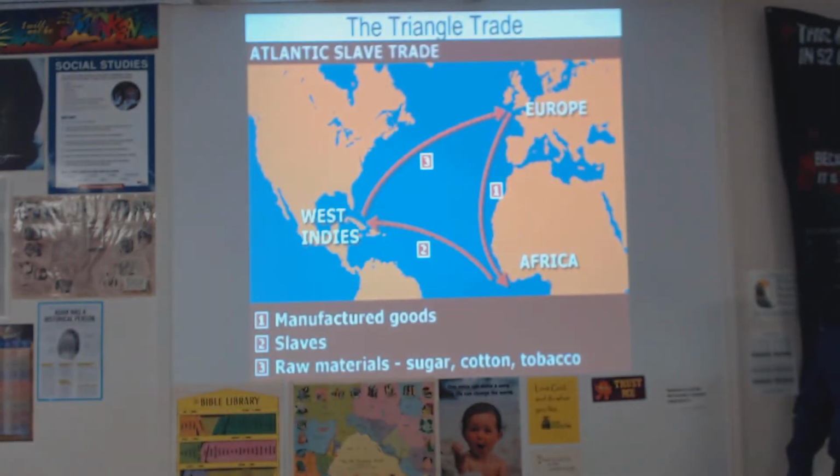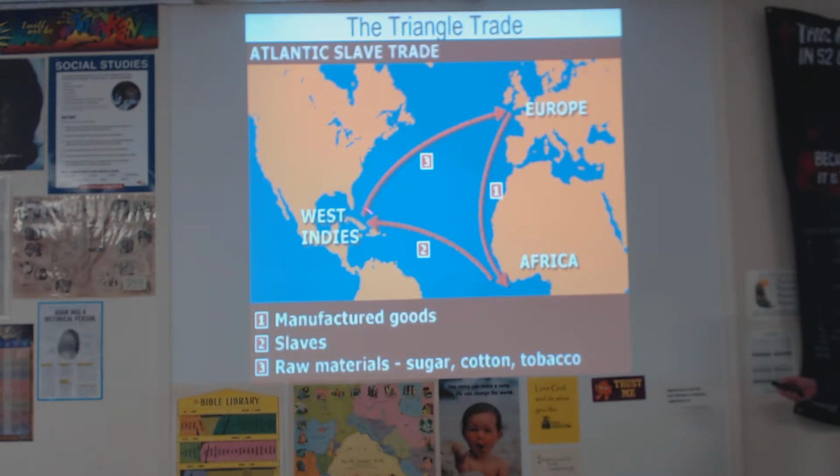Slaves became part of what's called the triangle trade. Very simplified, you have manufactured goods being produced in Europe and being sent to Africa, also being sent to North America and others. Slaves being picked up and brought to the West Indies or places in North America, South America.